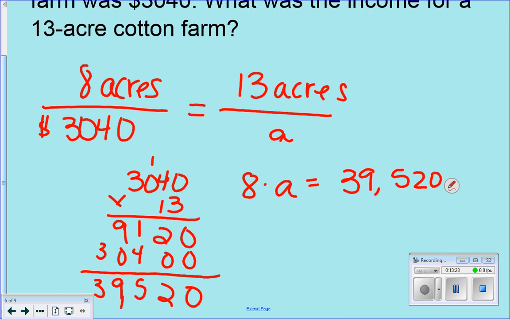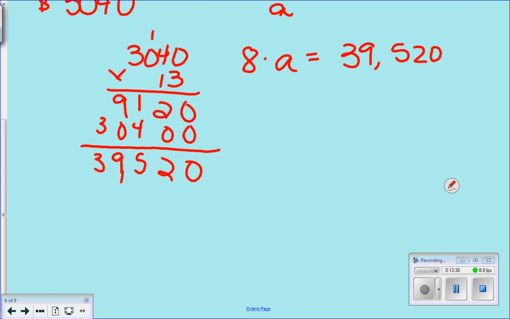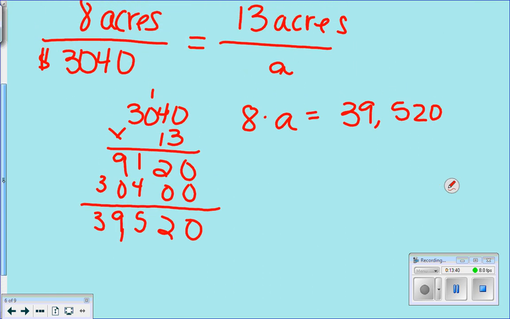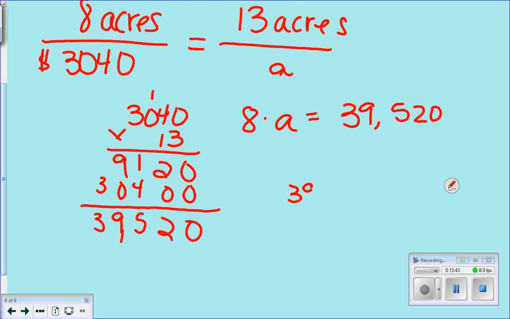Okay, so now it's my next step. I need to find out what that A is. So I need to divide 39,520 divided by 8. All right, let's do that. I'll move this up a little bit. Okay. 3, 9. I don't know how good this is going to come out. It's good? Oh my gosh, that never happens to me.